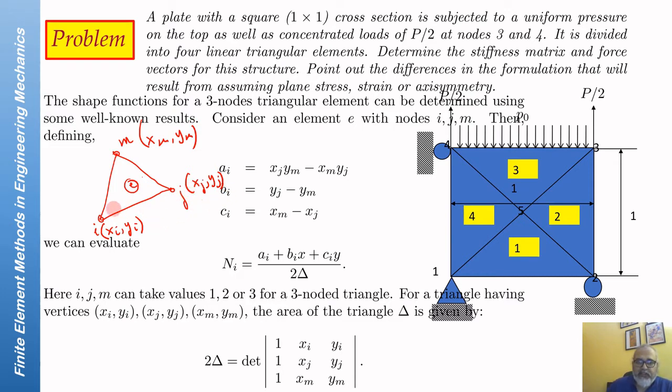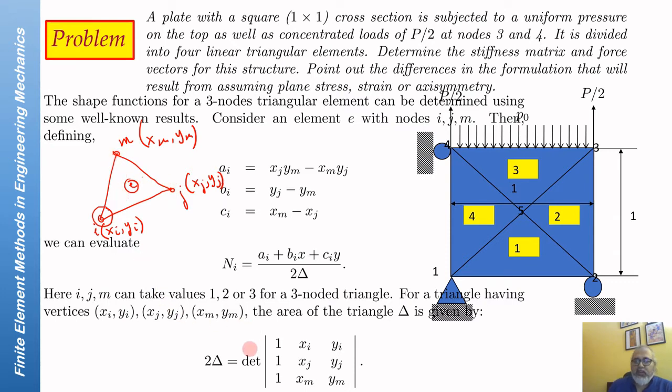Now, first, to calculate the shape function at node I, we will take these coordinates and calculate three constants, ai, bi, and ci. Ai depends on yj, xj, and xm, so it depends on the coordinates of this node and this node only. Similarly, bi depends on yj minus ym, again on the y coordinates of these two nodes, and ci depends on the x coordinates of these nodes.